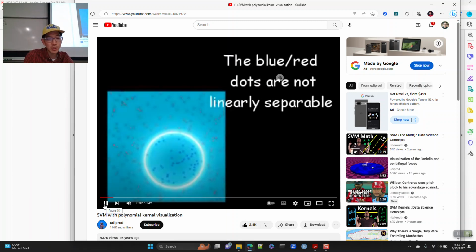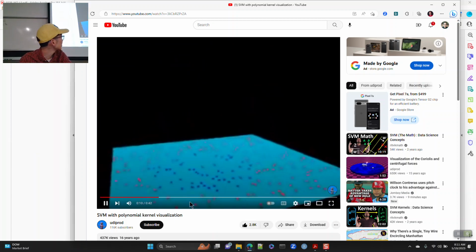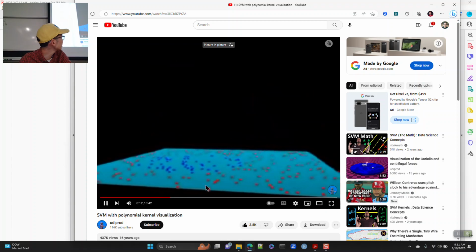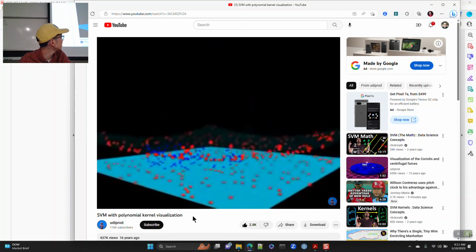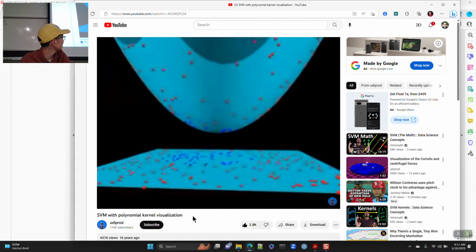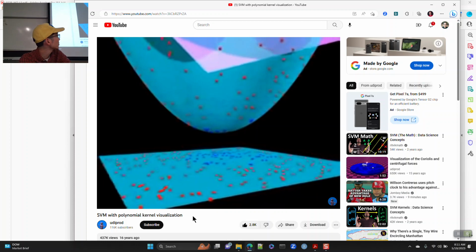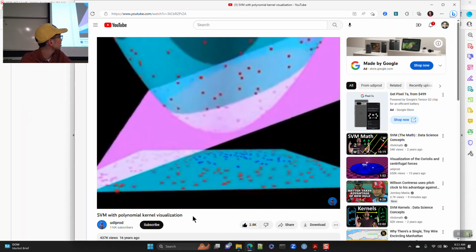We start off with these blue points and red points, and right now the blue points and red points are not linearly separable. We project them into this 3-dimensional space using x1, x2, and then the third being x1 squared plus x2 squared.